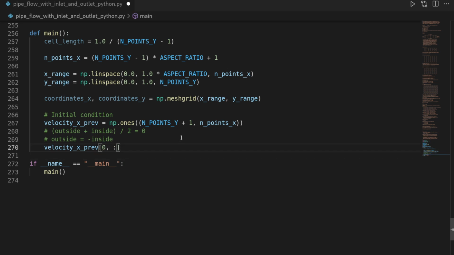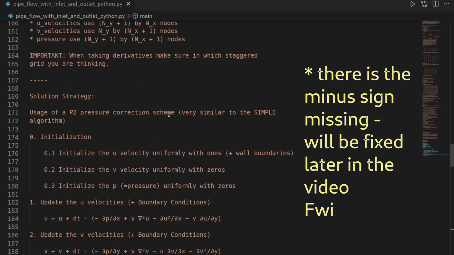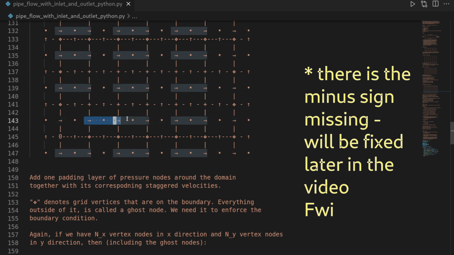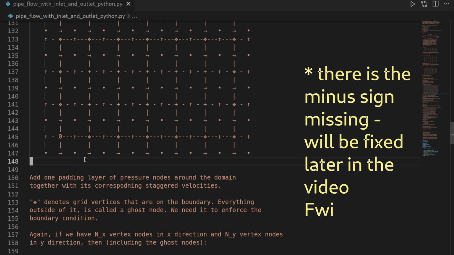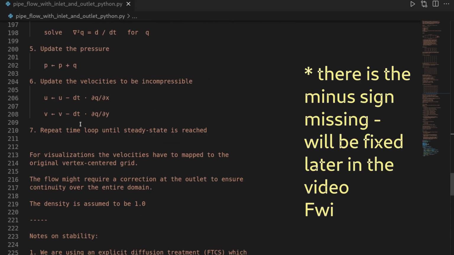And here we then have to set this one to velocity x previous at 1 and then all in x direction, meaning that we set the outside value to be the negative of the inside value, because 1 means, let me show this to you in the chart here, 1 means basically this velocity, and we are setting this one to be the negative of the inside.